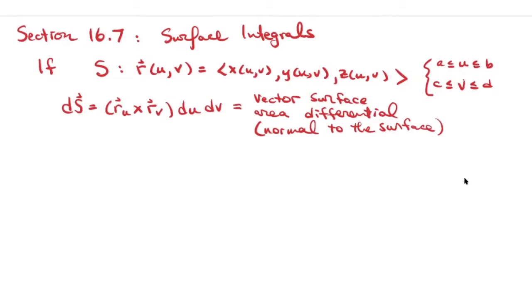Okay. And then dS, the scalar, is the magnitude of r_u cross r_v, and that gets a du dv also. And so this is just the surface area differential.